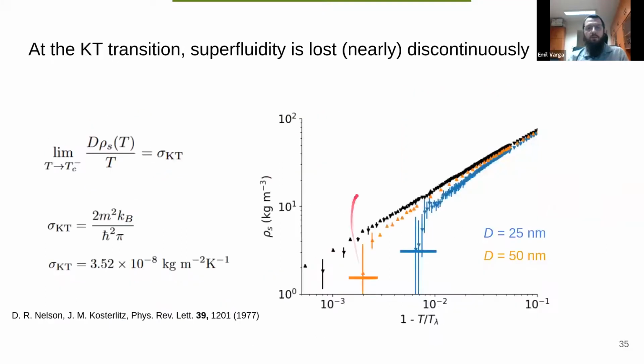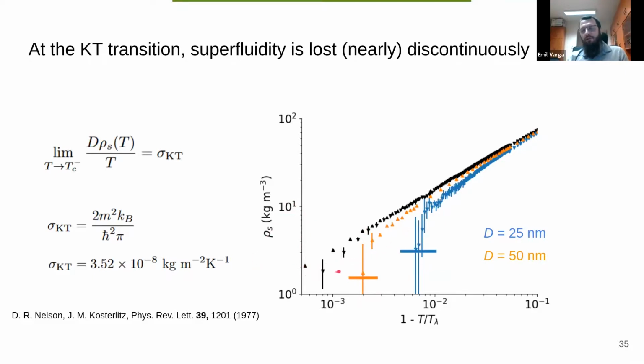Now, as we approach this transition with our devices, we do indeed see something that's consistent with a discontinuous loss of the superfluid density on the level that's roughly predicted by the theory. You can see this huge increase in the error bars here.